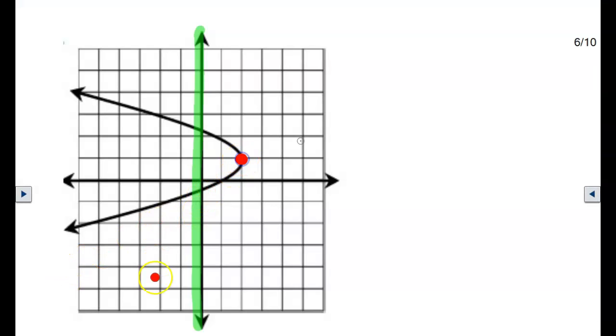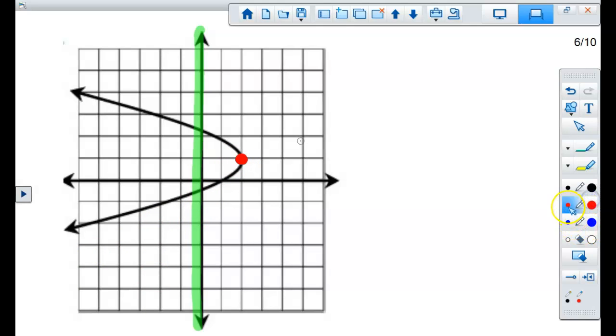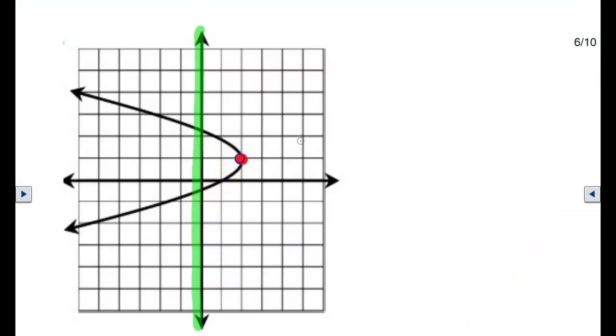Let's start over here. If I take this point and trace him back to the y-axis, I land right there at 1. As I head on up, above and below that point, that whole section of my y-axis is being used.